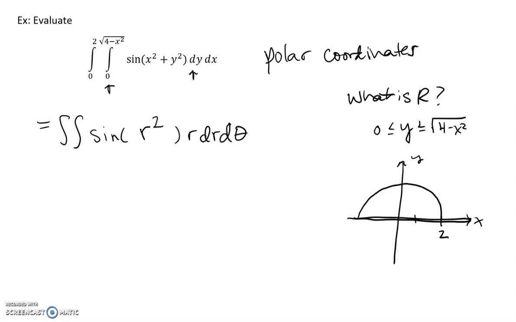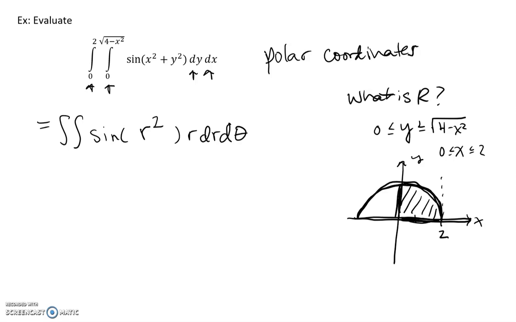So those are our two functions that we're taking a look at. Now we need to be careful though, where we notice that the x bounds were that x went only from 0 to 2. So we're going from this function to this function, but then I only want to look at it where x goes from 0 to 2. So really, R is only in this first quadrant. We don't use the full upper half semicircle. We're only actually using a quarter circle in this instance.